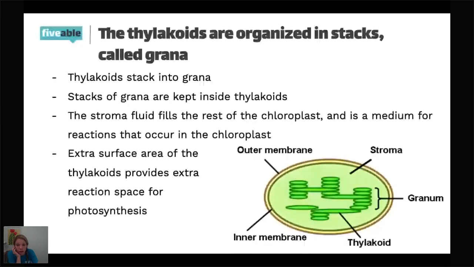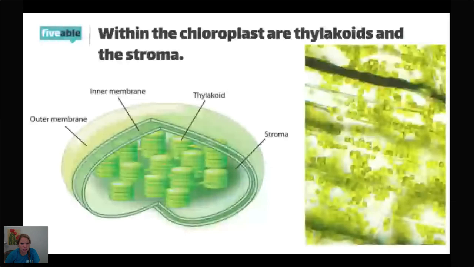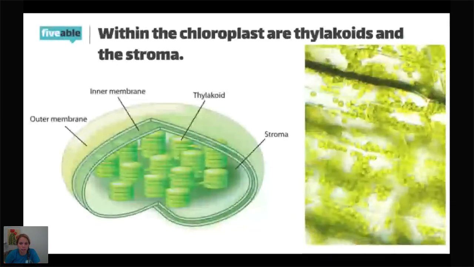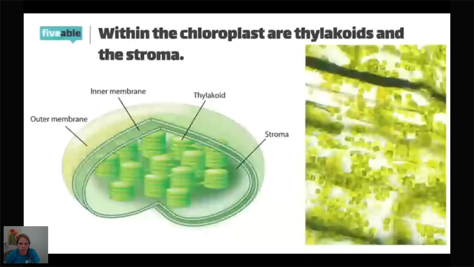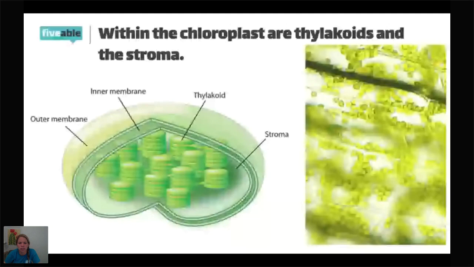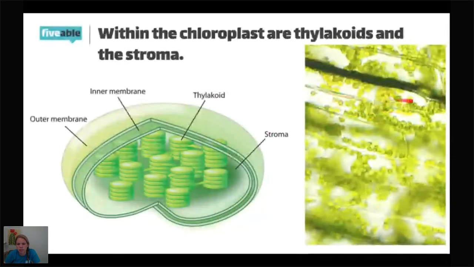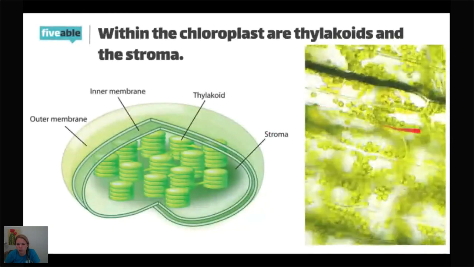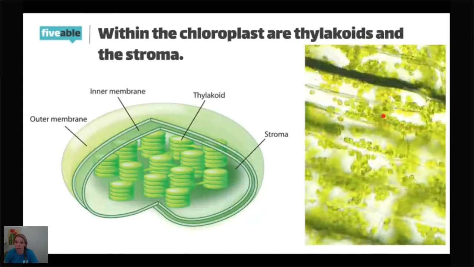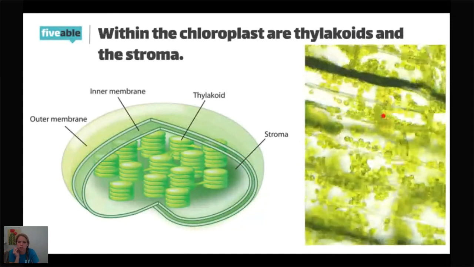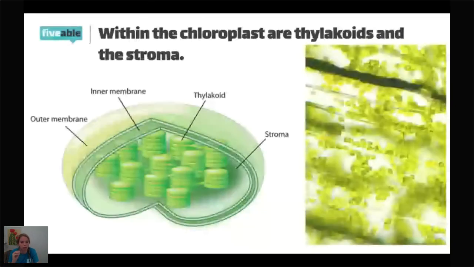So the best example I can think of, has anyone... In the image, are the green things whole chloroplasts or just thylakoids? Are you talking about the image on the left or the image on the right? In the GIF, on the right. Okay, good. So if you can see my red pointer, this is a cell. Each little green dot is a chloroplast. So each individual green dot is its own separate chloroplast.